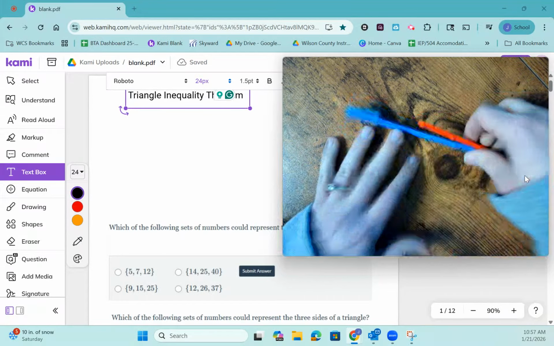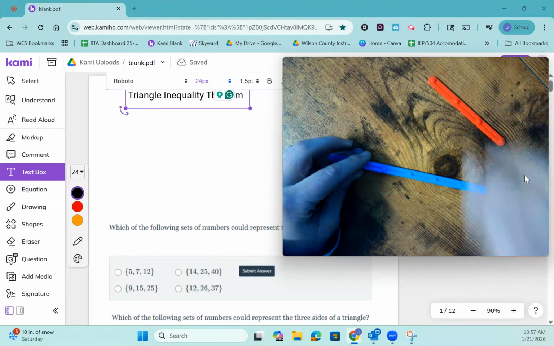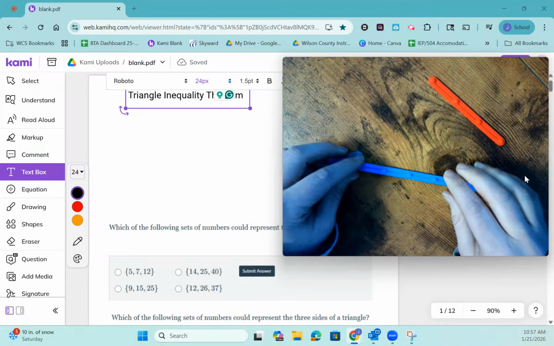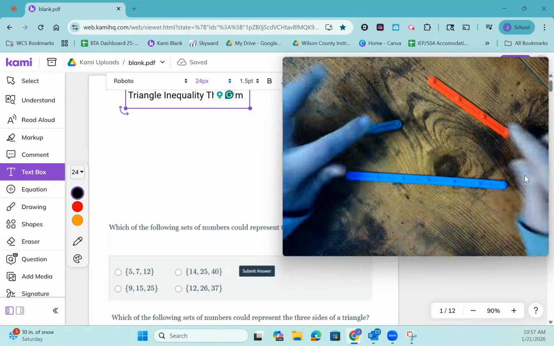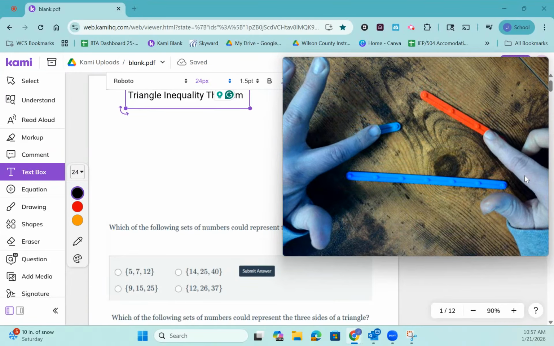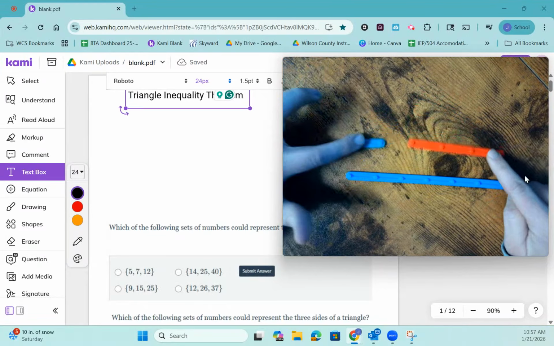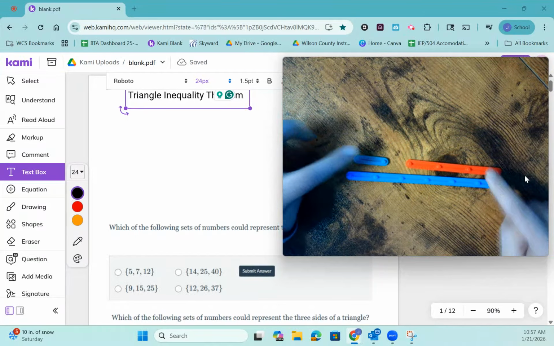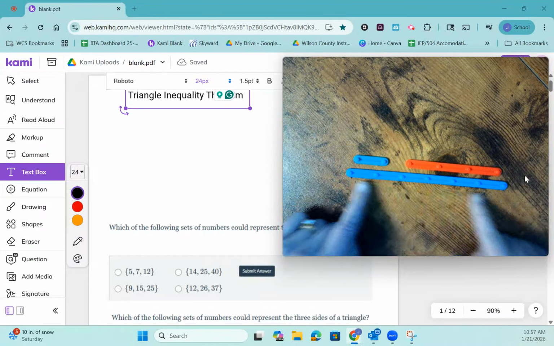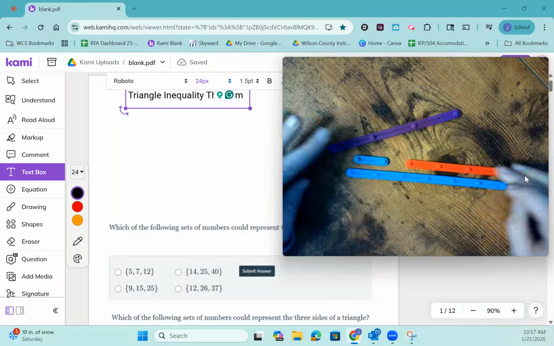The way the triangle inequality theorem states that is that the sum of the lengths of any two sides must be greater than the length of the third side. So the two smaller sides together have to be longer than that third side. Let's take a look here.